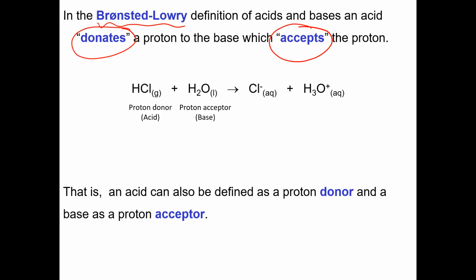So going back to the example that we had before, the hydrogen chloride donates a proton to the water, so that makes it an acid, and the water accepts a proton from the hydrogen chloride, so that makes it a base. So there you go. An acid can be defined as being a proton donor, and a base can be defined as being a proton acceptor.